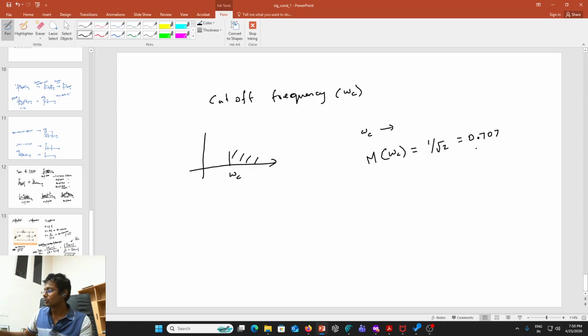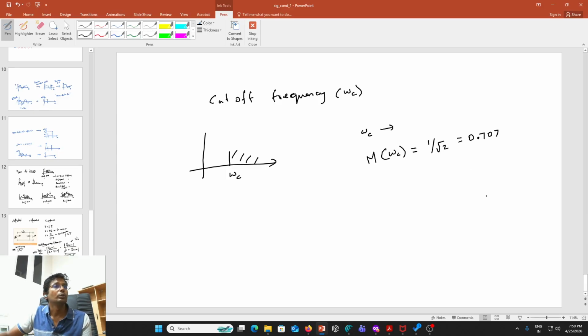If somebody asks you to design an RC filter with a particular cutoff frequency, they mean that above that frequency, all the signals have to be magnified below 1 by root 2. That's what they mean.